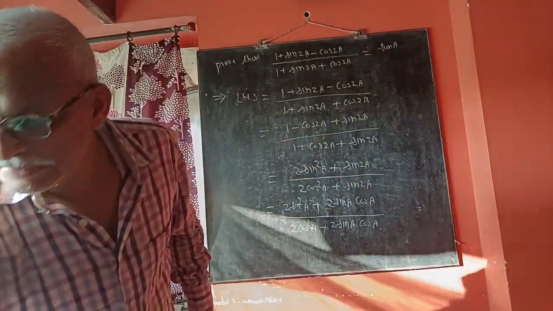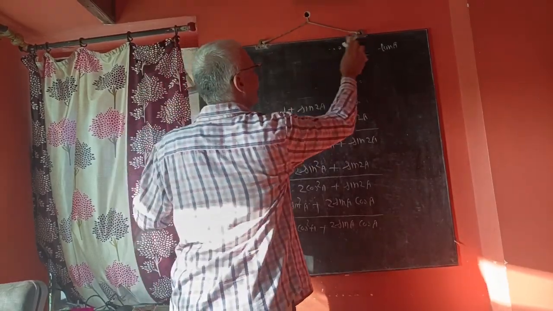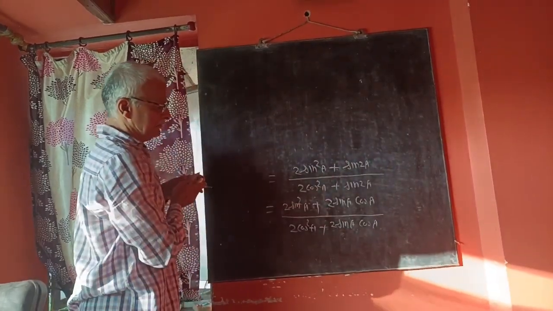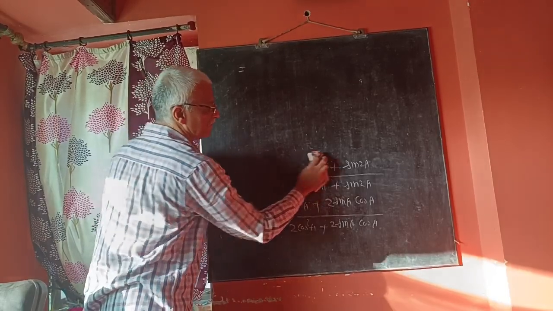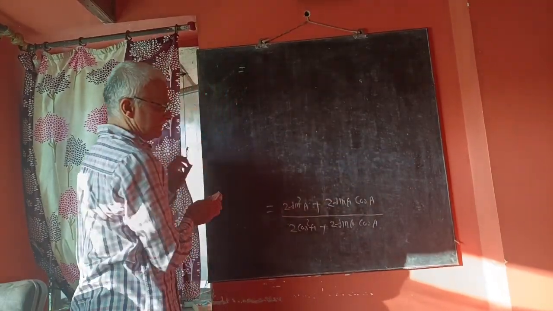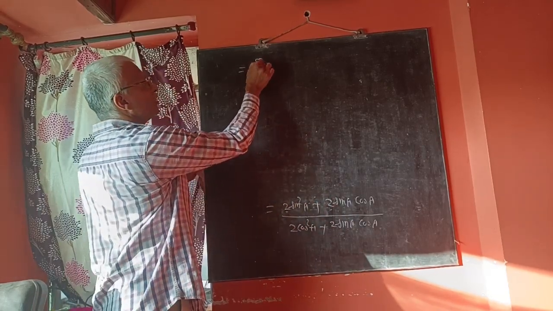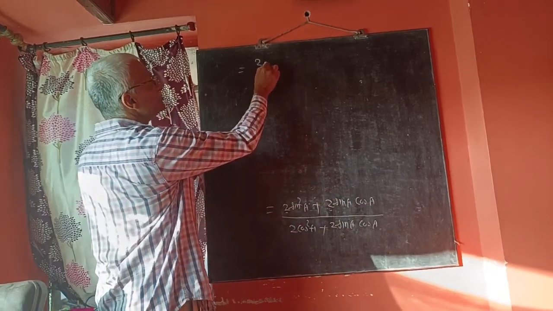Now, this is equal to, from the numerator, what is common? 2 is common, and sin A is common, so I take 2 sin A common.